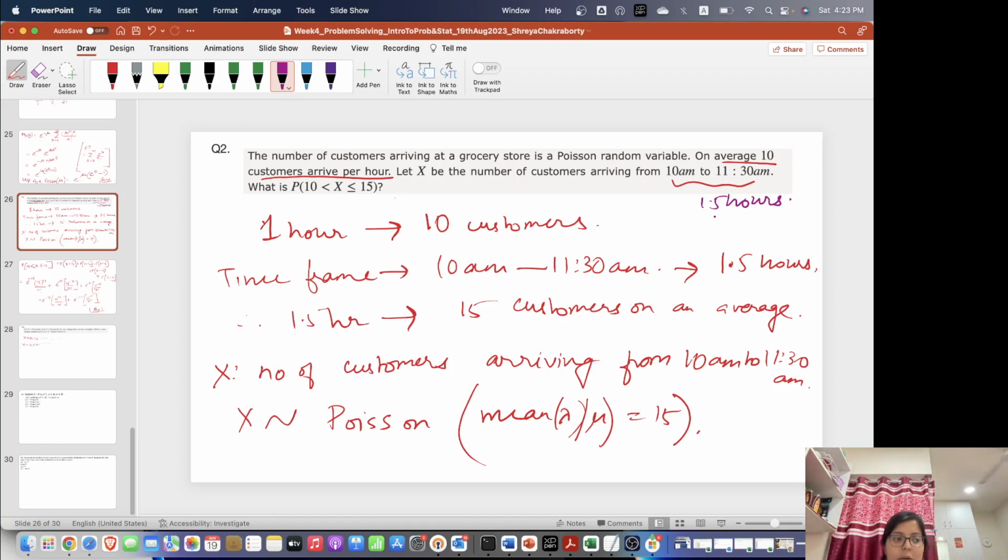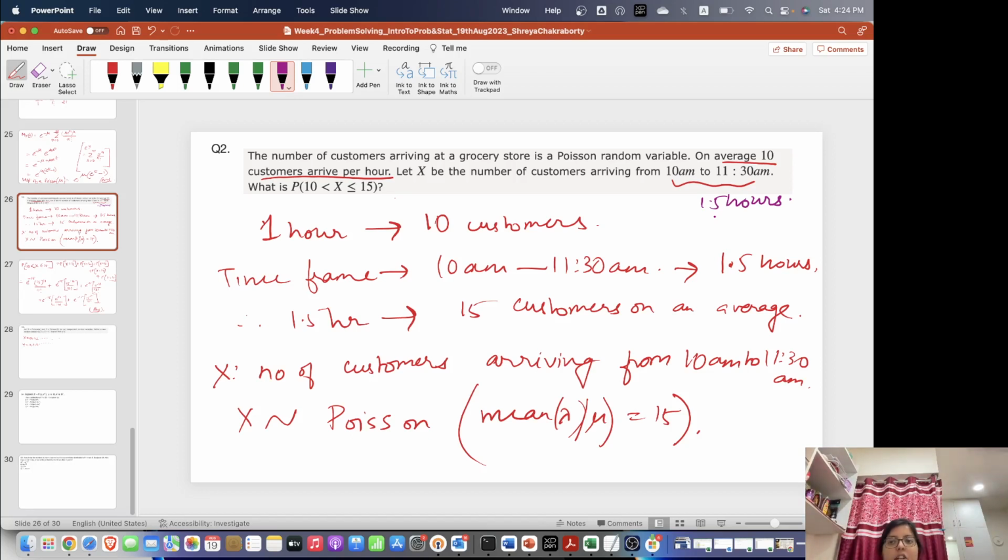So if you have something like this, let's say the number of errors per page is given to be 2 or 3, and you are reviewing a book of, let's say, 30 pages, and you have to find out the probability that the total number of errors in that book is between 50 and 100.